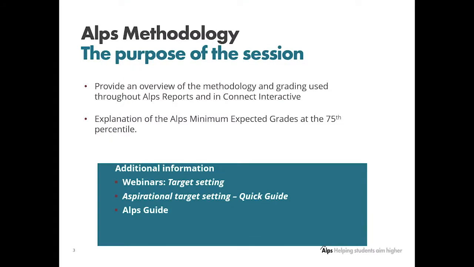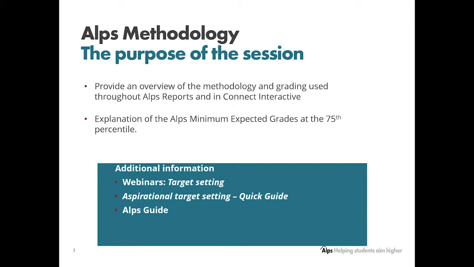Today then we're going to look at the methodology. I'm going to talk through first of all the grading and how that works, because there's some very unique colours and Alps grades to get your heads around. And once you've understood that, then that's how it looks across the whole of your reports in Connect Interactive.